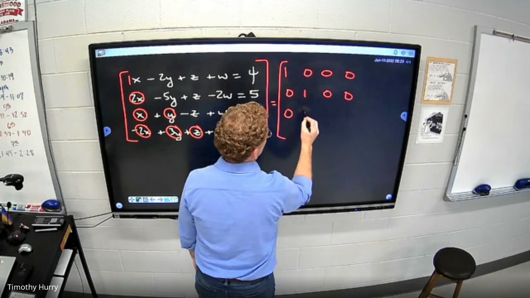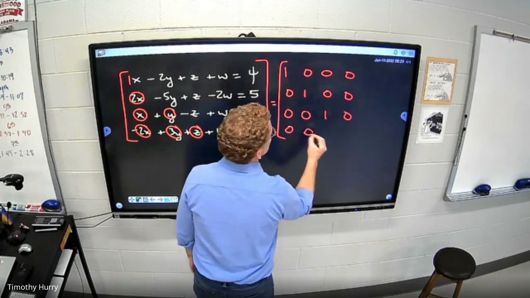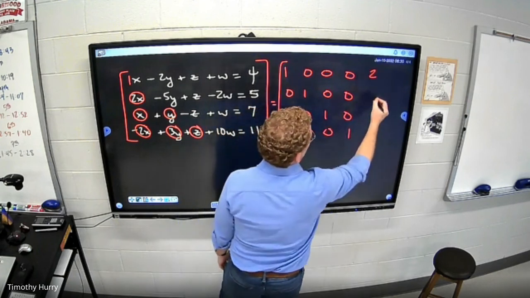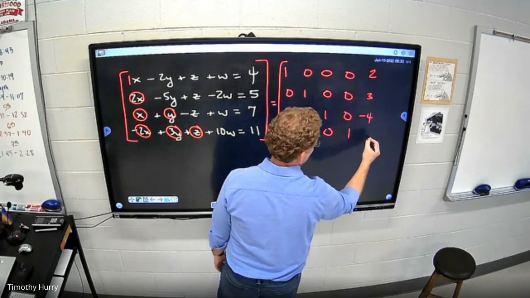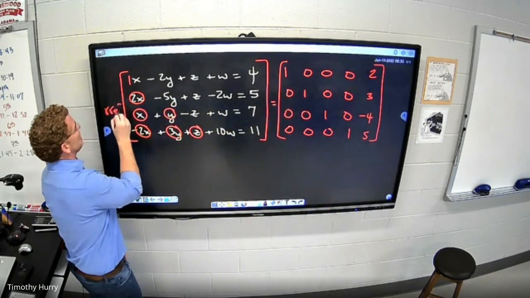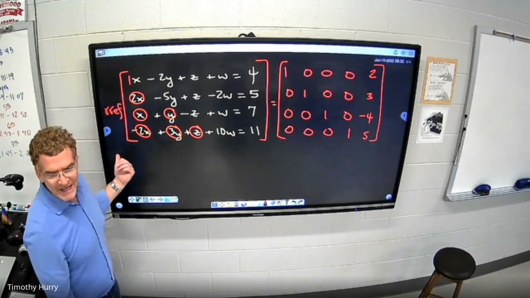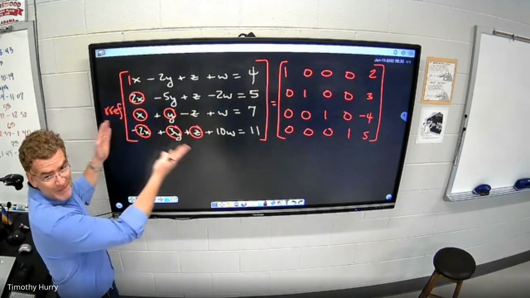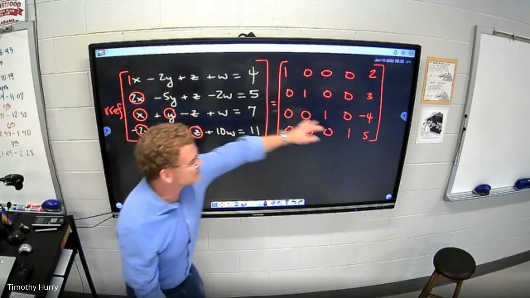It's really awesome. And then you might have random numbers here. So through this little button called reduced row echelon form, you'll REF this big giant coefficient matrix, and it spits this out.